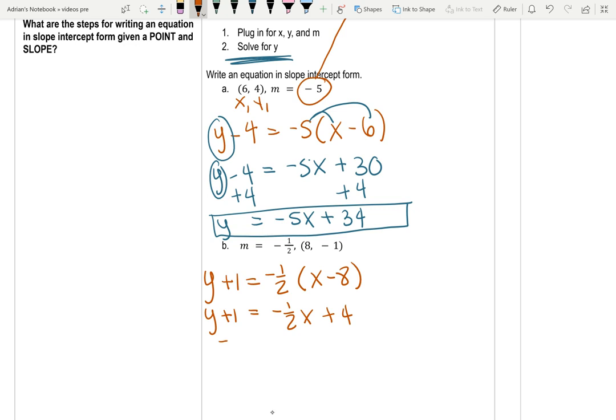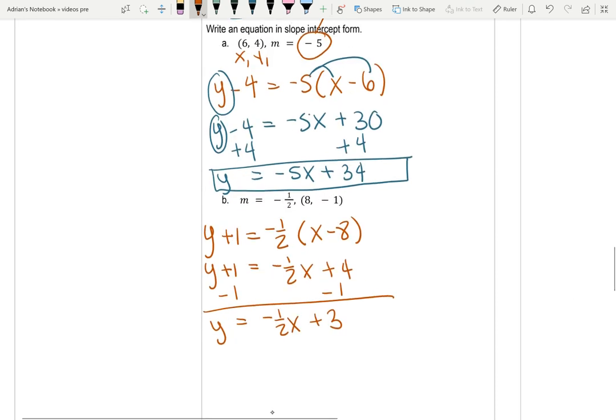Okay, and then trying to get that y alone, I'll subtract 1 from both sides, and I get y equals negative 1/2 x plus 3. And now this is my answer.